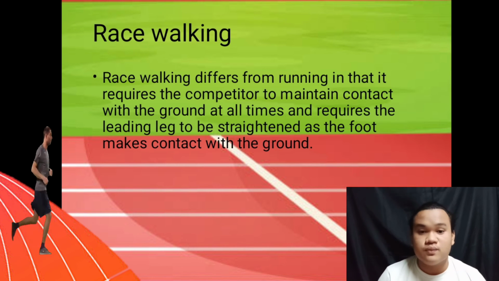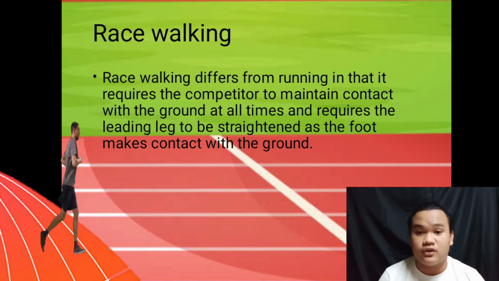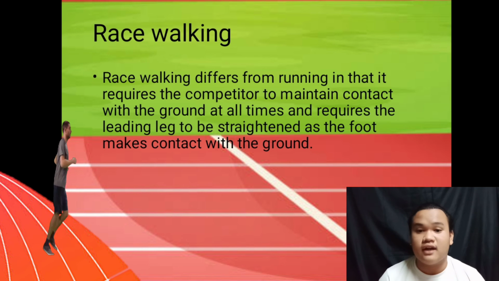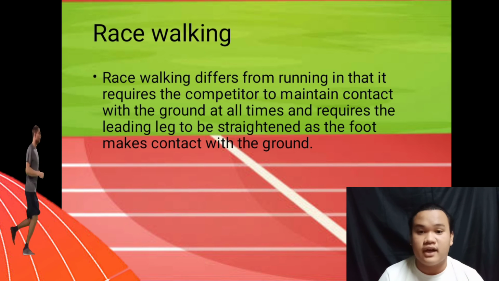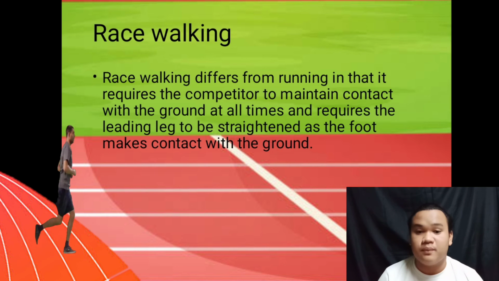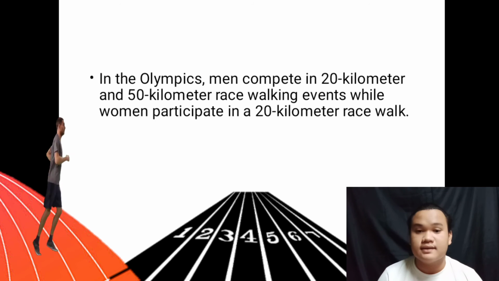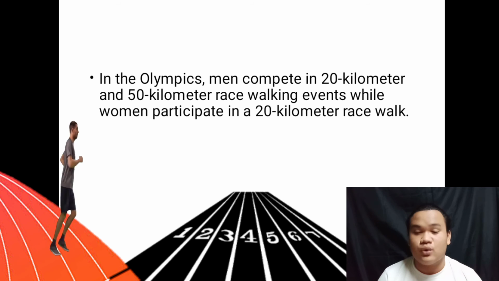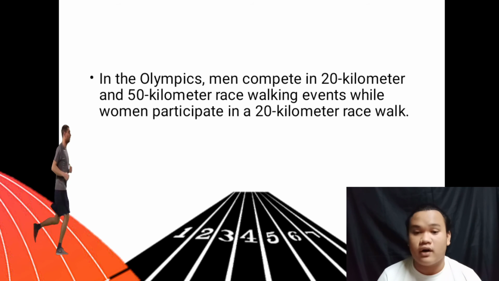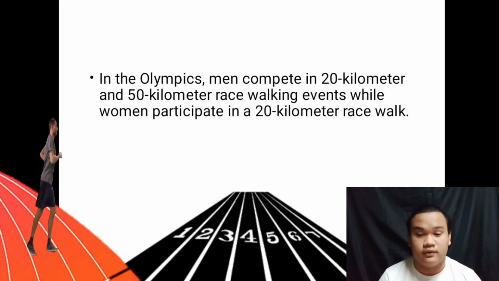Race walking. Race walking differs from running in that it requires the competitor to maintain contact with the ground at all times and requires the leading leg to be straightened as the foot makes contact with the ground. In the Olympics, men compete in 20 kilometers and 50 kilometers race walking events while women participate in the 20 kilometers race walk.